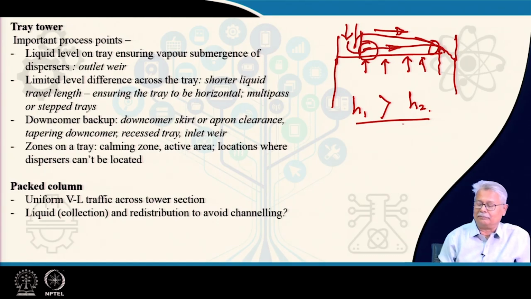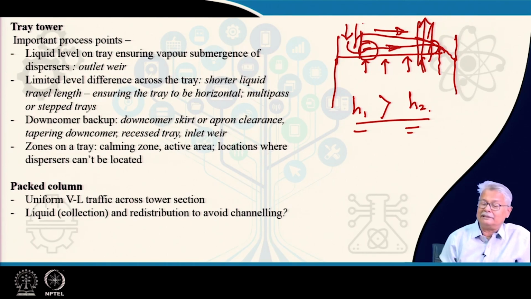Now, I got a question. Suppose the difference between h1 and h2 is too large. Most of the gas will be passing through this section and hardly anything will go through the upstream. So, you will have an uneven distribution of the gas, or vapor, which is passing through the liquid.